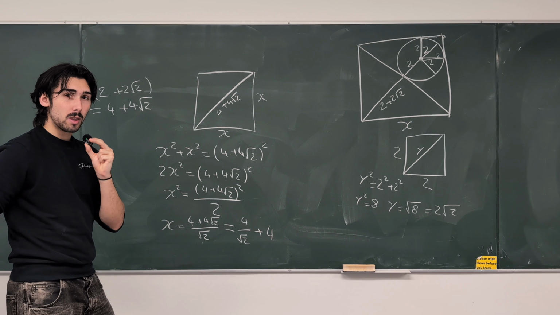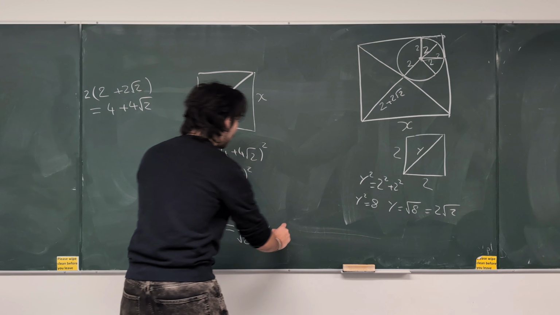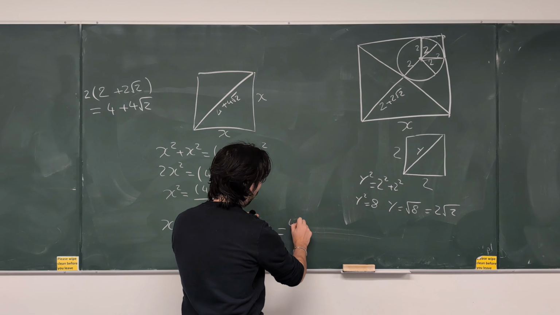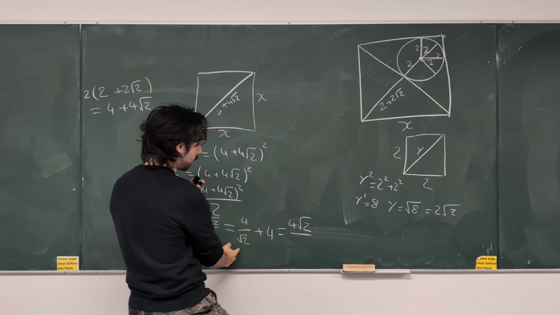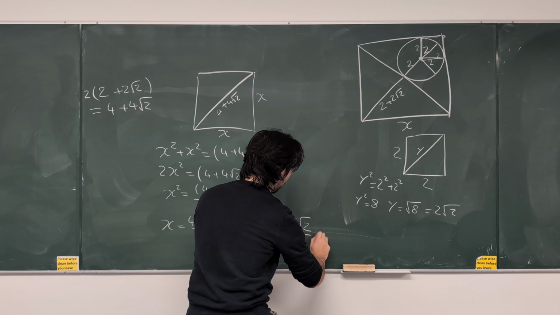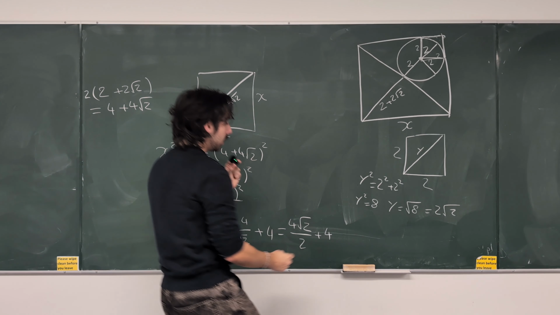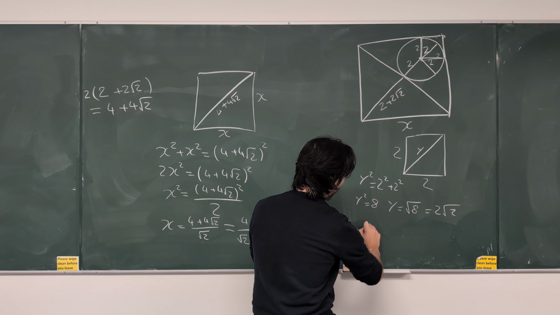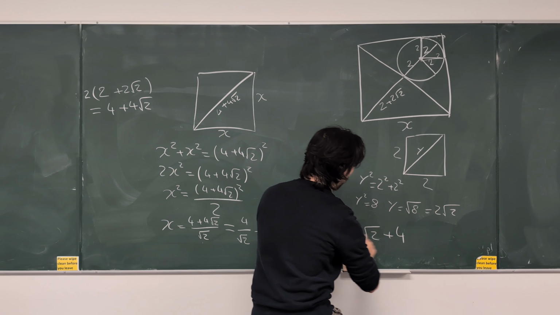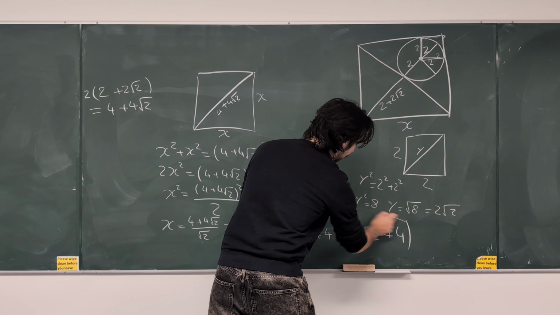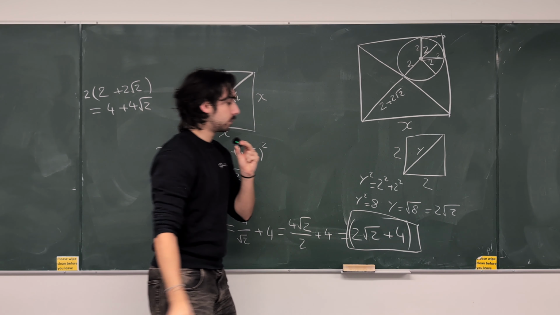We should times the top and the bottom by the square root of 2. So we're going to have 4 root 2 divided by root 2 times root 2, that's 2, and then plus 4. 4 over 2 is 2, so overall it's 2 root 2 plus 4. That's what x is, that's the answer.